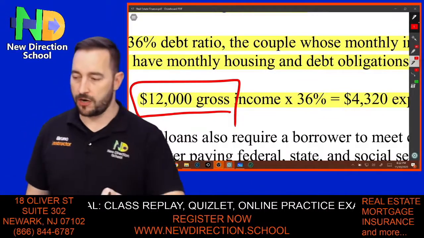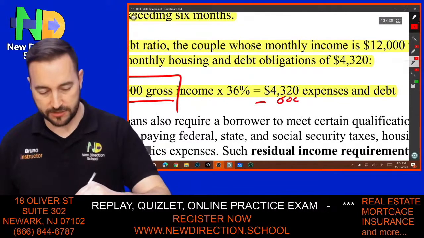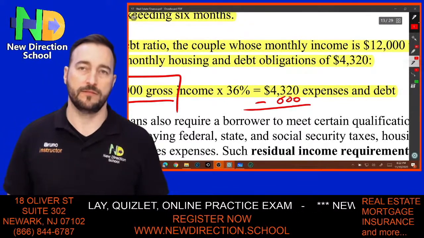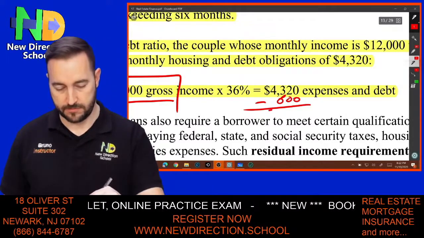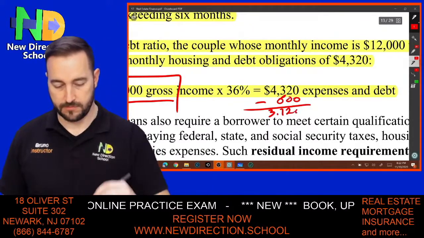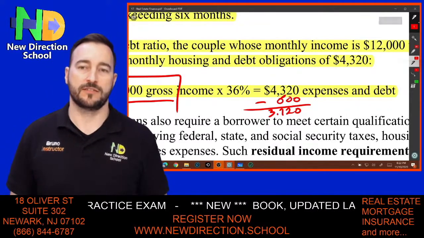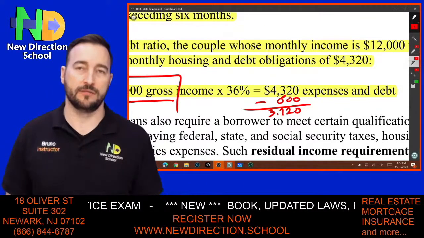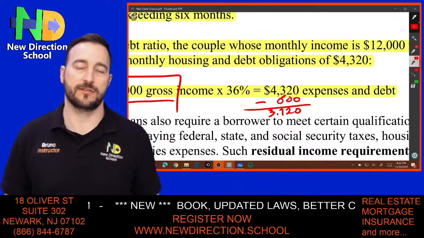So let's look at math real quick. If your car is $600, what is the number? $3,720. Your mortgage cannot be more than $3,720. So we took the $600 payment.